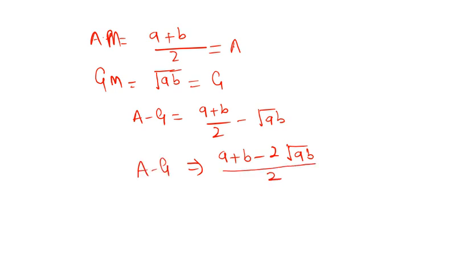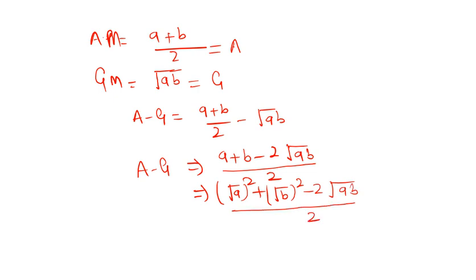Now what is this? If I write square root of a whole square in place of a and square root of b whole square in place of b, minus 2 square root of ab, divided by 2, I can do it.